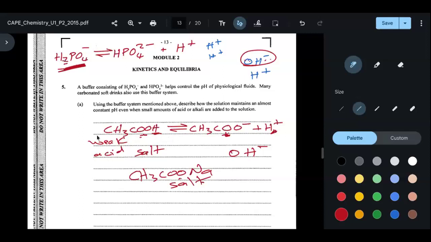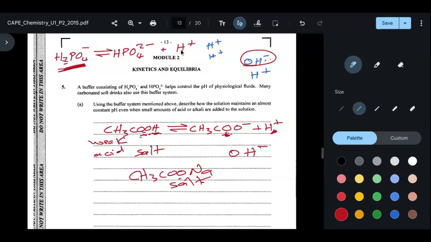You will have a lot of your weak acid molecules. You will have a lot of this ion, but it's from the salt, not from the acid. So in this question now, I'm saying that you would not have a lot of hydrogen ions, all right? Although this buffer is in the body, so maybe that will be different.